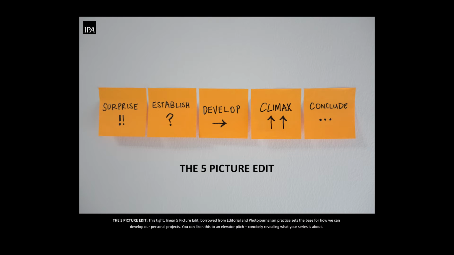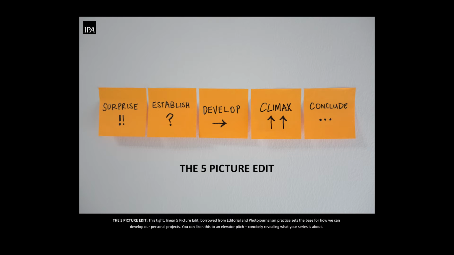So it's borrowed from editorial and photojournalistic practice in terms of telling a very linear story, and it's a good sort of introduction, a way of looking at how we could develop our projects, especially if they're stories that have a very linear structure, a very traditional narrative where there's a start, middle, and end.